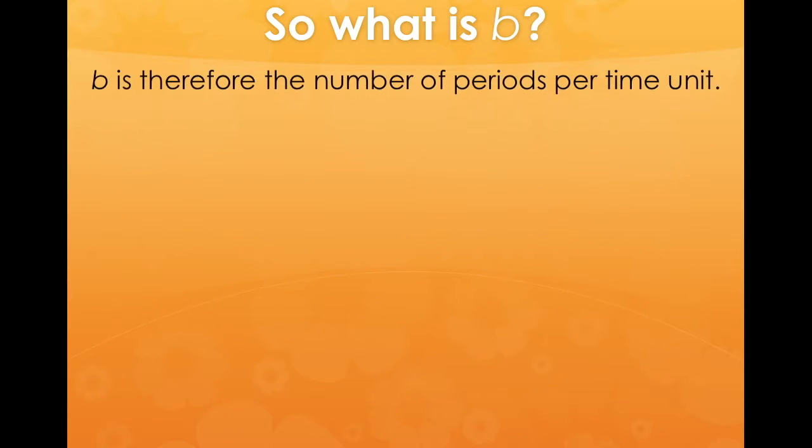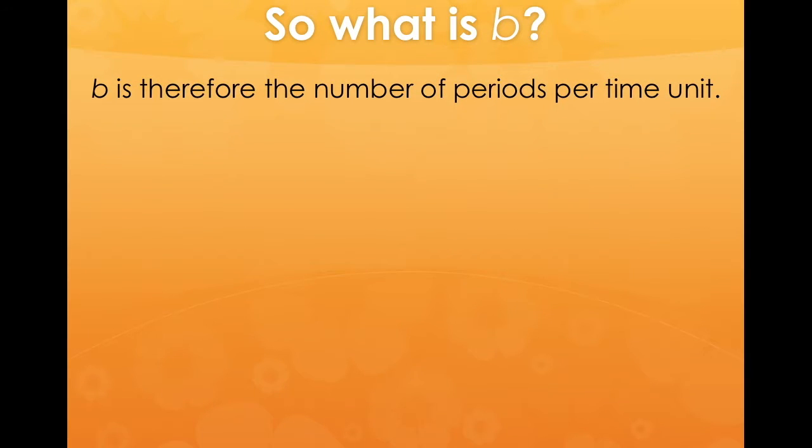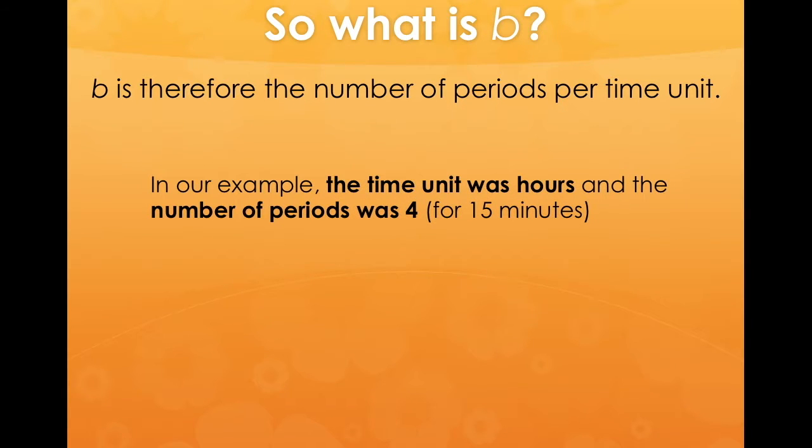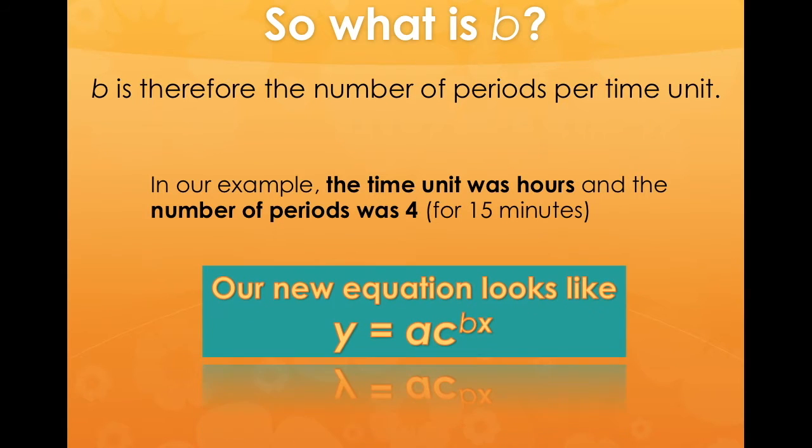So after all of this, what is B? B is, in a fancy way, the number of periods per time unit. So in our example, the time unit was hours and the number of periods was 4, because for every hour, there are 4 15-minute periods.